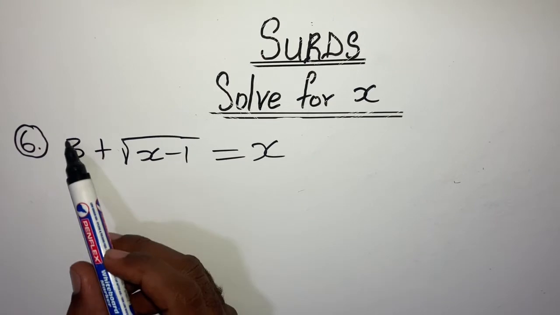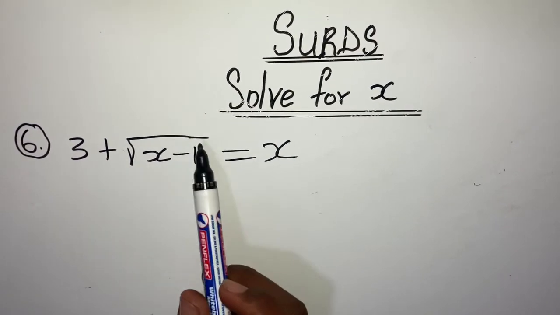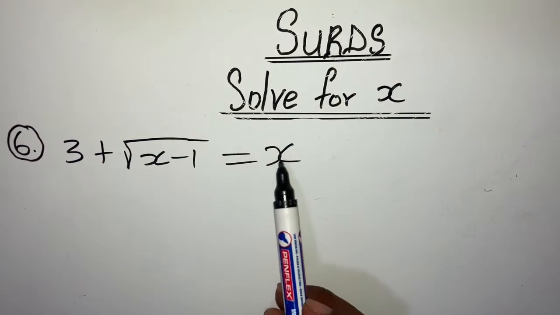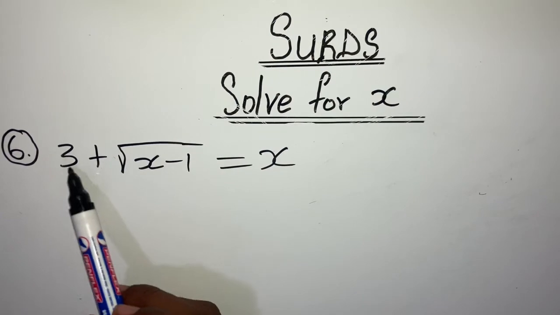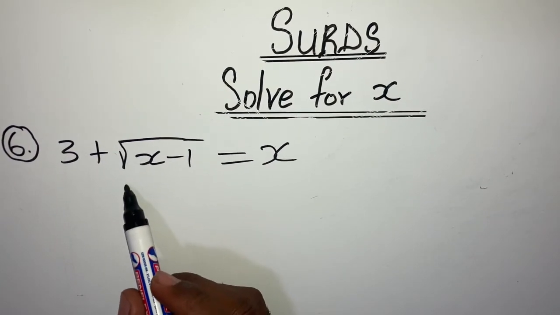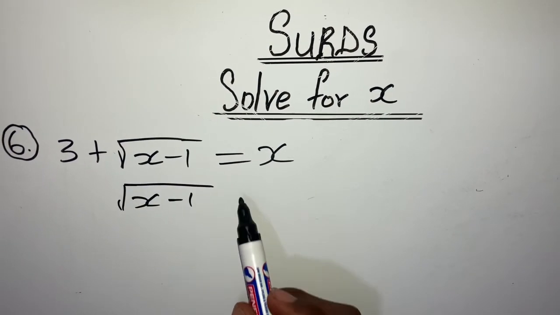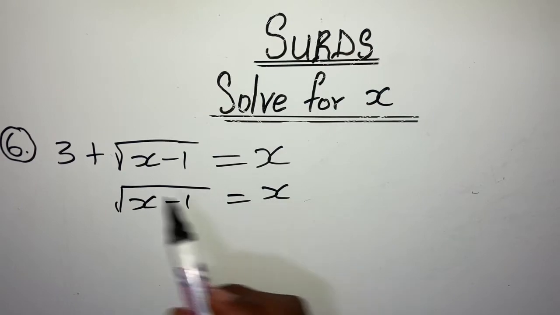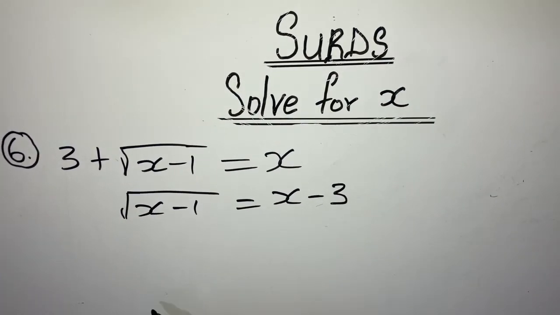The sum we are having is 3 plus the square root of x minus 1 equals x. So we'll take 3 to the other side, then we'll remain with the root of x minus 1 equals x, and taking this 3 to the other side, it's going to change the sign, minus 3.